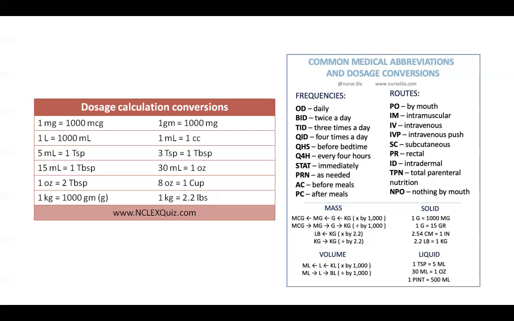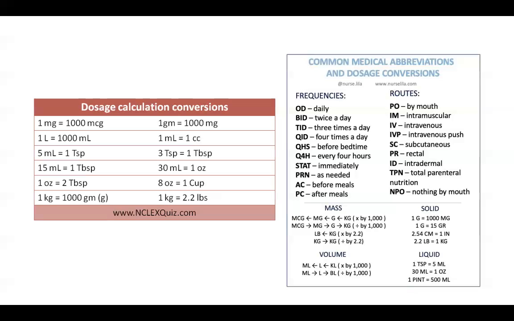And then on the right-hand side, I've given you just a refresher on the different abbreviations, frequencies, and routes. When you are presented with a problem on the NCLEX, you are going to be presented with problems that use this terminology.